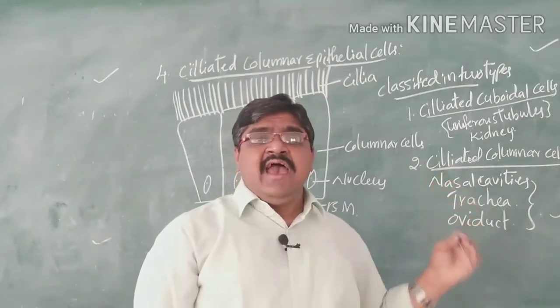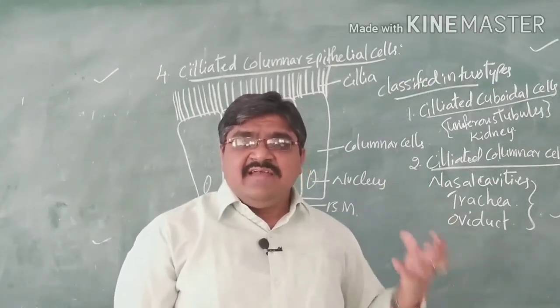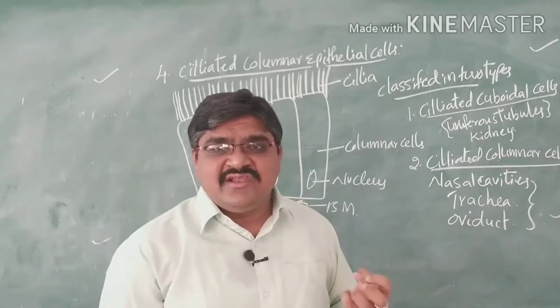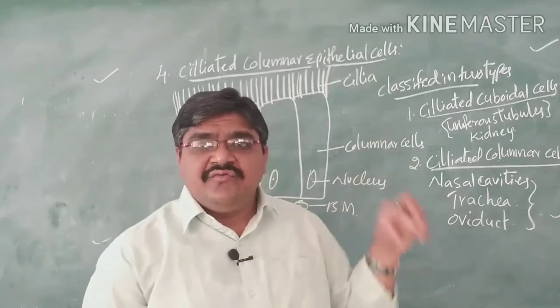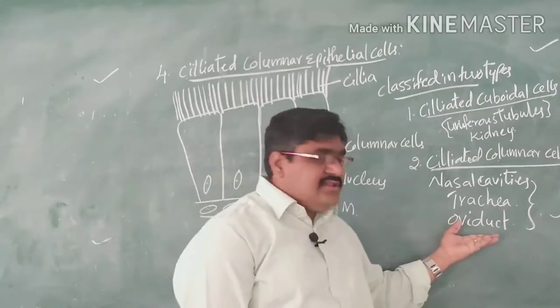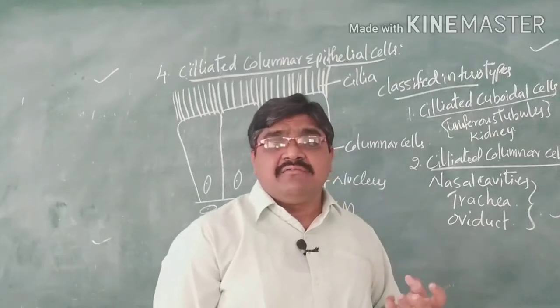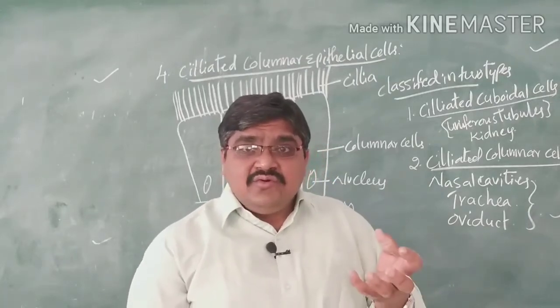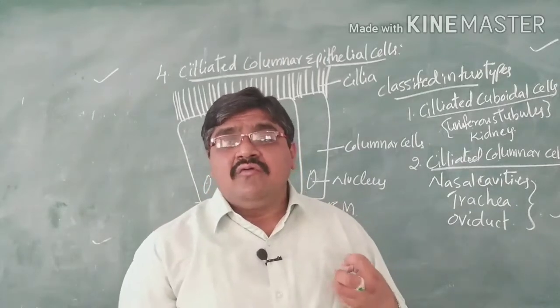And in the oviduct, in the female genital region, where the egg is released, the egg passes through the tubes called oviducts. In the oviducts also there are hair-like structures, to take the egg which is released from the ovum.